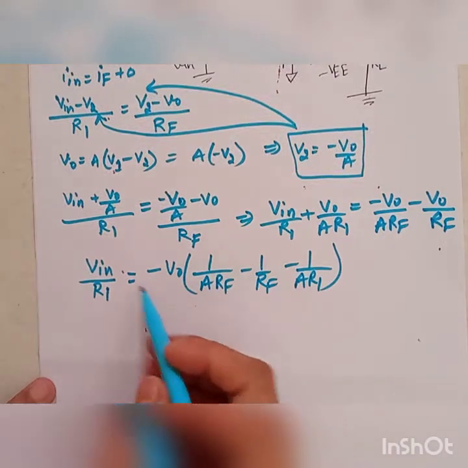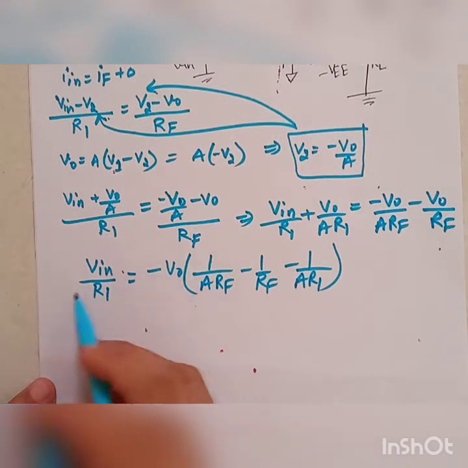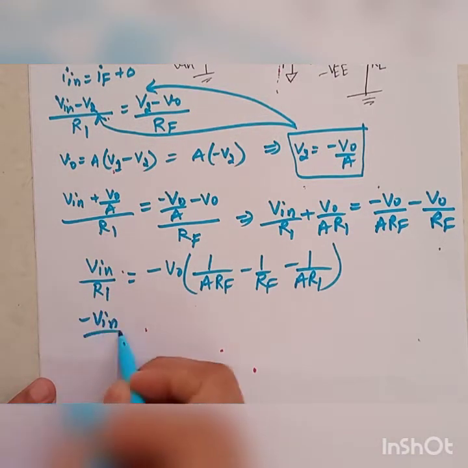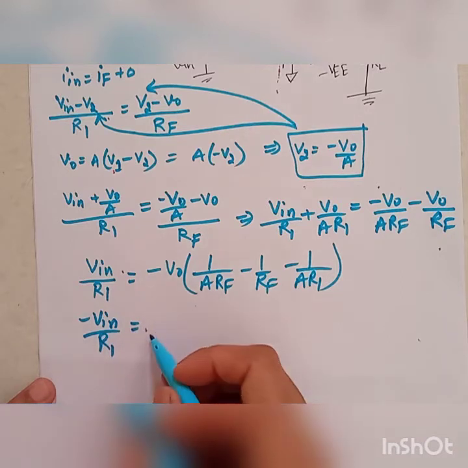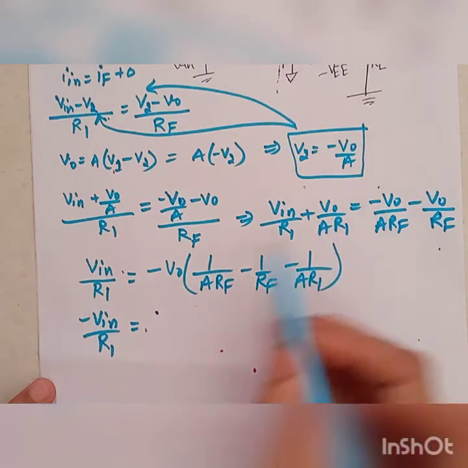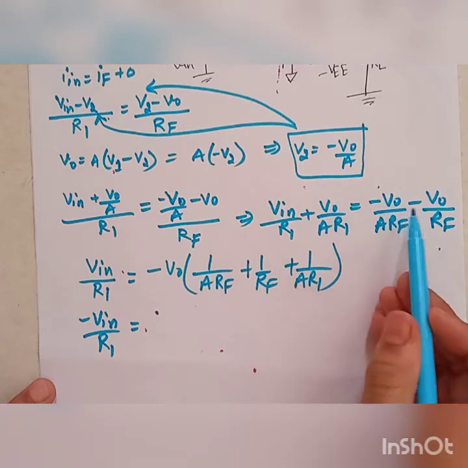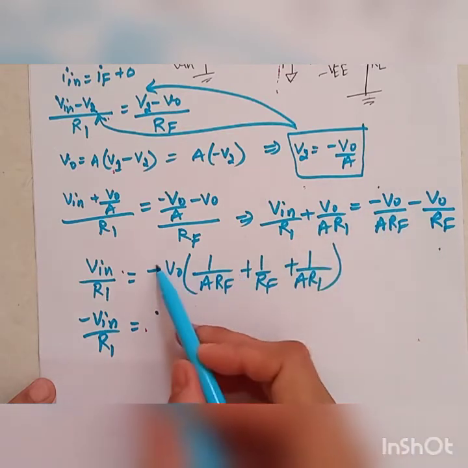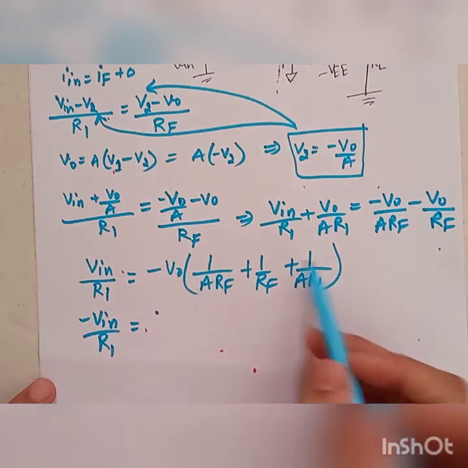Now if I multiply by minus on both the sides, I can write minus V in by R1 is equal to V0 times this value.